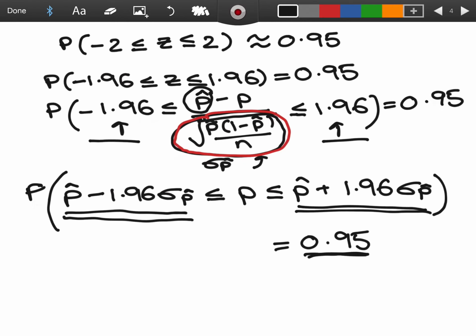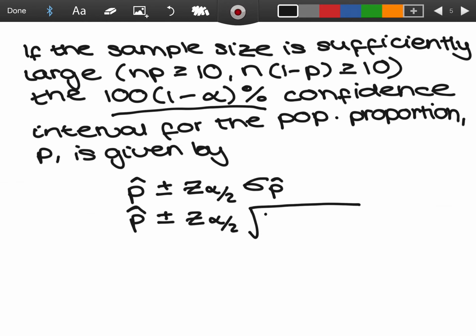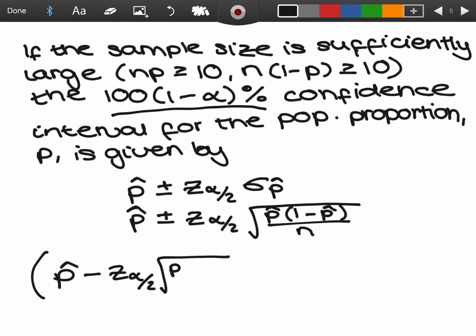We only know our sample proportion. So when we do this, we are going to use that sample proportion within my definition of the standard deviation of sample proportions, just as an estimate. So I can rewrite this as this, and if you wanted to write it in interval notation, it would look like this.